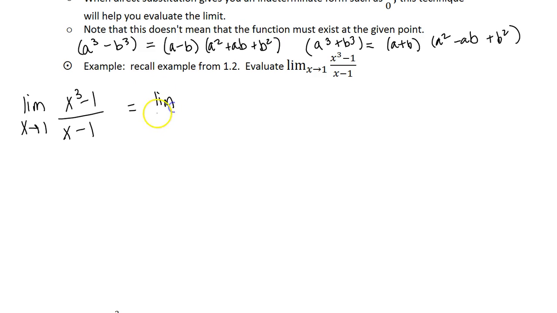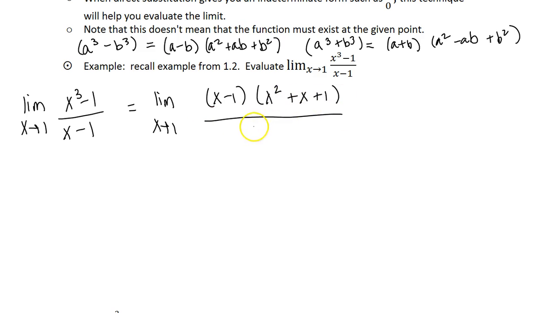So this factors to be x minus 1 times x squared plus x plus 1 divided by x minus 1. And since the numerator and the denominator share a factor, I can cancel that x minus 1, which will be the limit as x approaches 1 of x squared plus x plus 1.